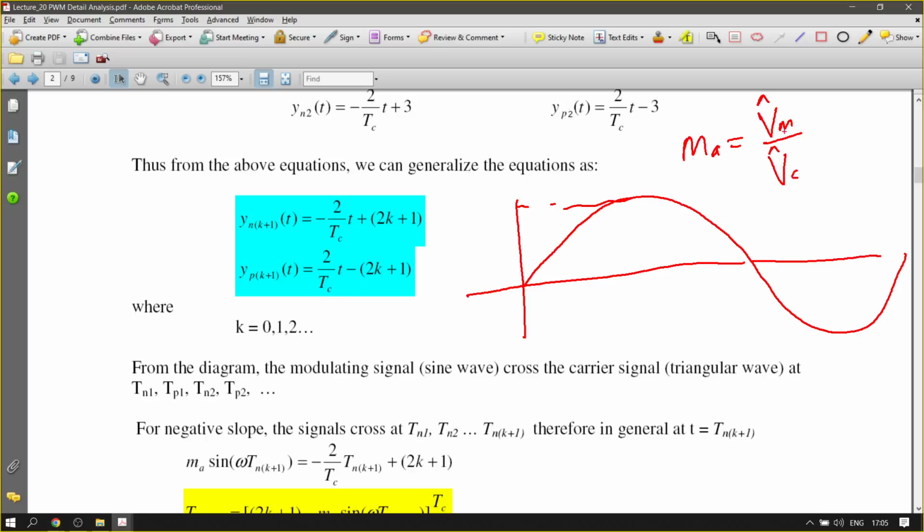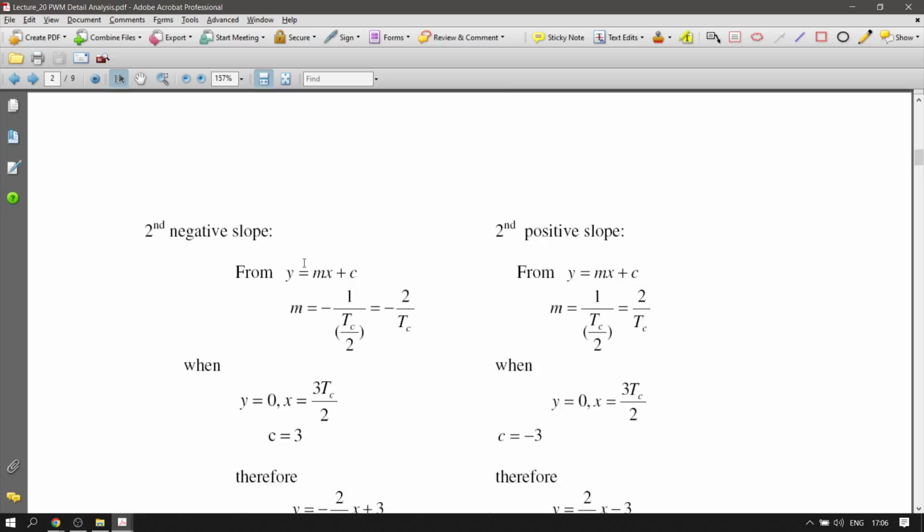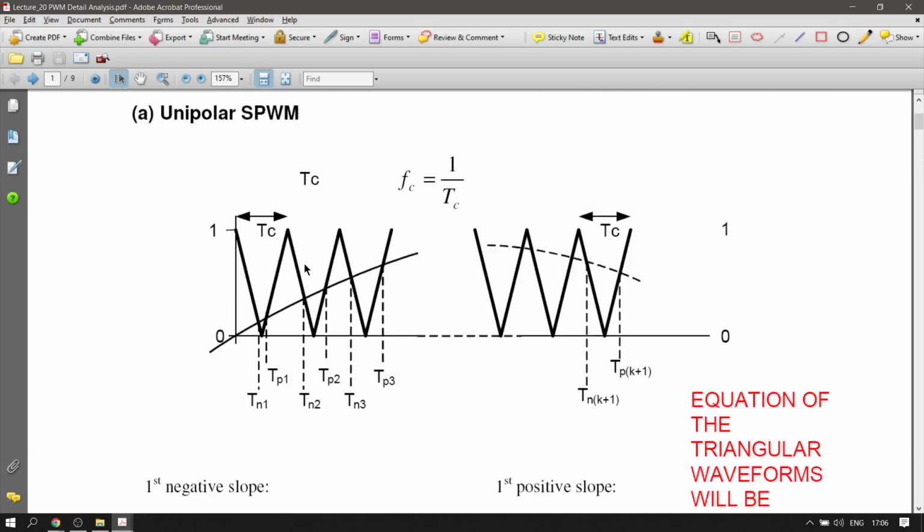VM divided by VC. So if we fix the value of VC to 1, it means VM peak equals MA. VM peak, the amplitude of the sinusoidal modulating signal, is always equal to MA if we set VC peak equal to 1. Did you see? Earlier we fixed VC to a value of 1, isn't it?